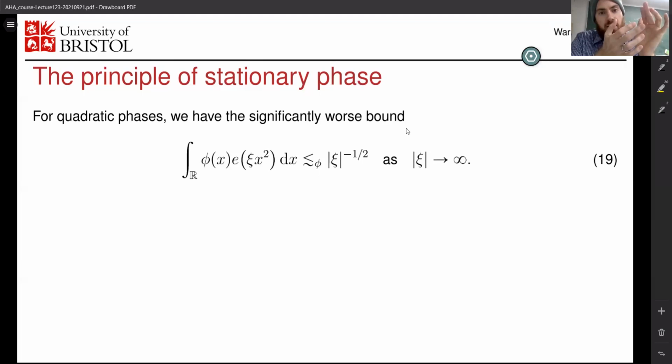The stationary part of stationary phase is that the first derivative has a 0 somewhere, so it's much smaller than 1. Now, when you have such a derivative for your phase function, you get a much worse bound. You only get square root cancellation.